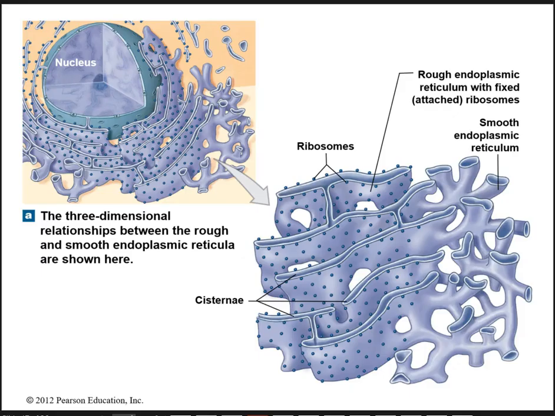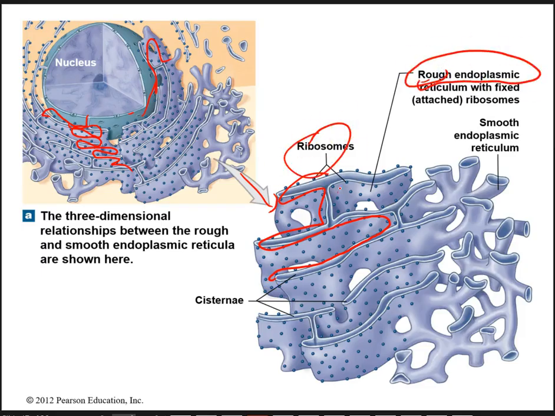All right, so here you guys see the endoplasmic reticulum. Again, it folds off of the nucleus of the cell, and you can see that this first part here is the rough endoplasmic reticulum because it's got these ribosomes all over the surface.